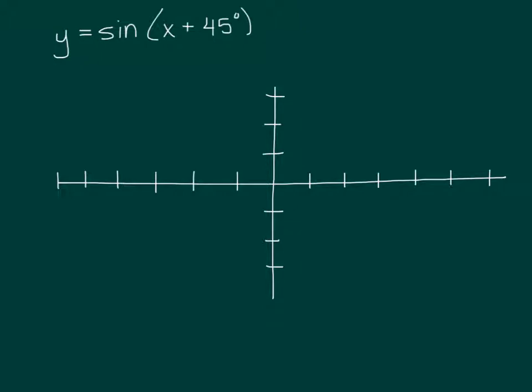When you've made sure you're in degree mode and you've typed it in, you want to make sure to push zoom 7. Zoom 7 is the way you can tell the calculator I'm graphing a trig function, so adjust my window accordingly for me. And that way you don't have to mess with changing the window yourself.